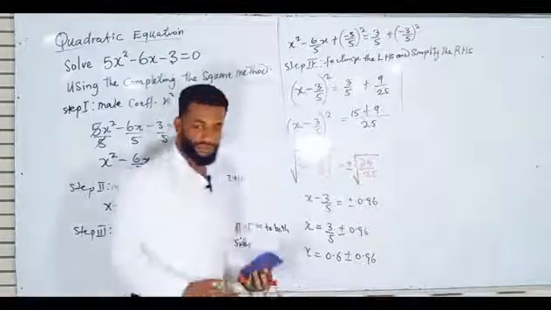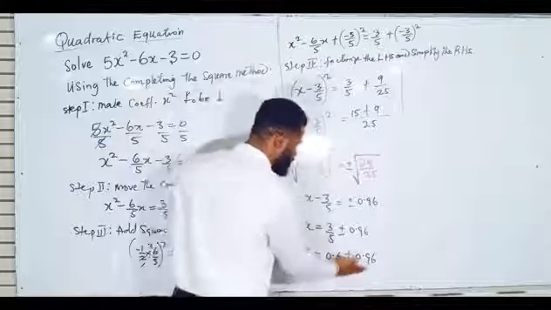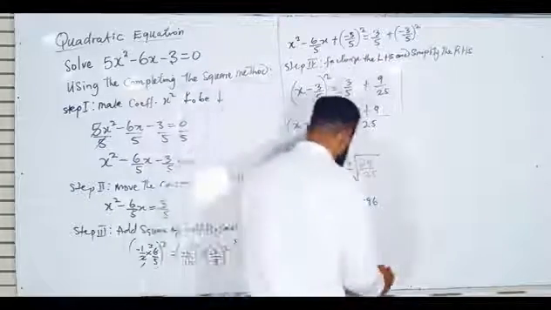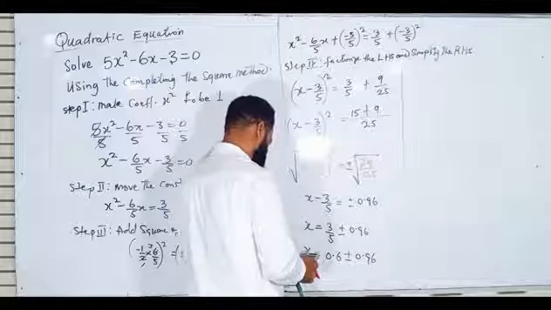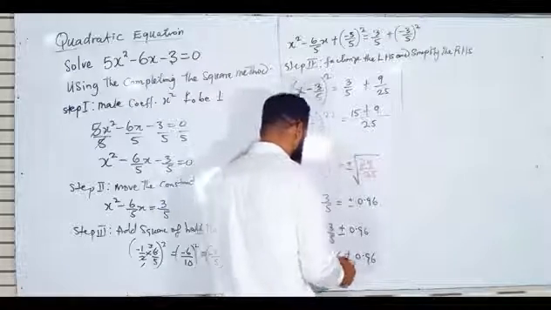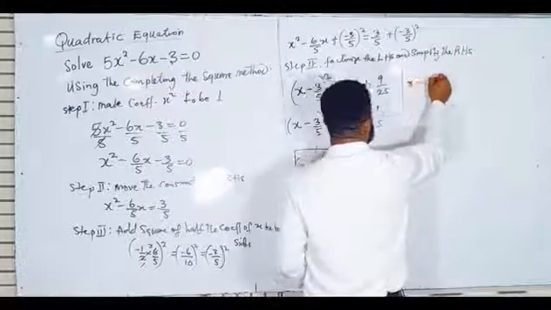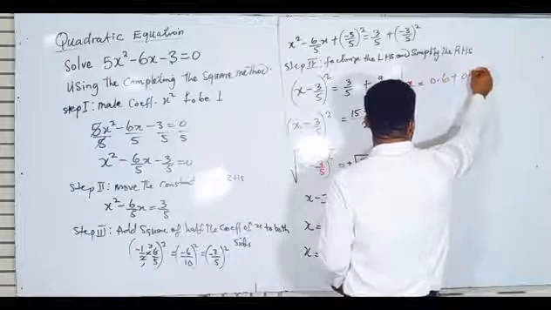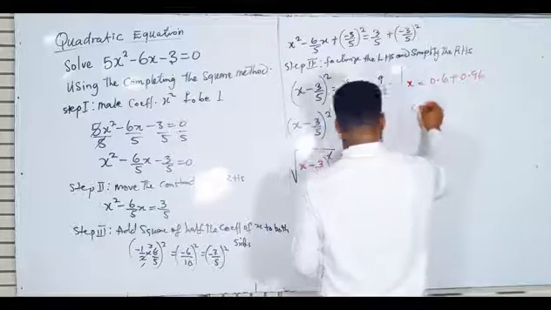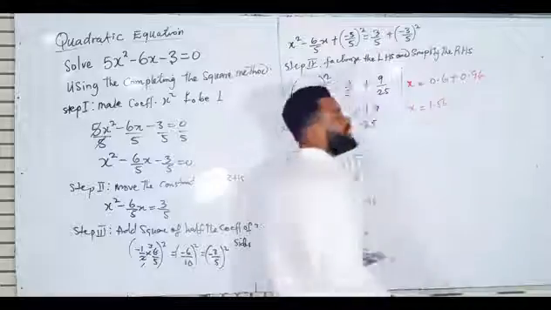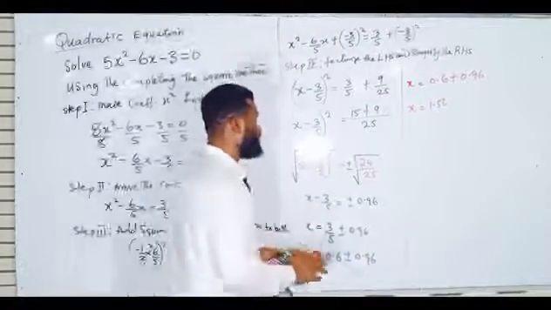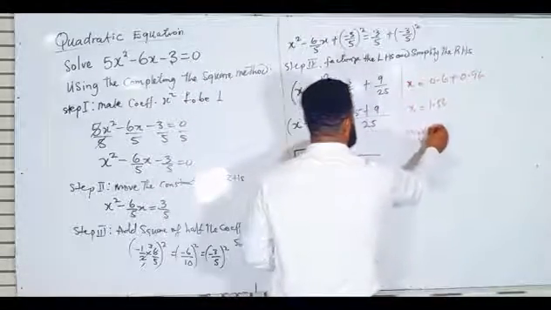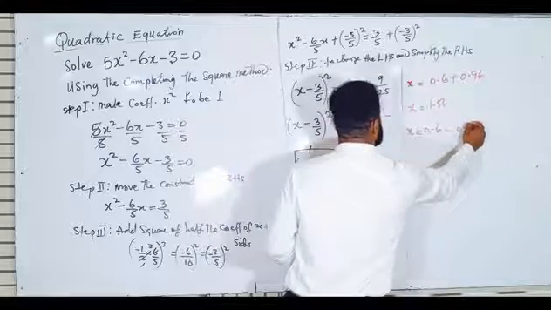I'm going to do this for plus, and I am also going to do it for minus. If I add, x is equal to 0.6 plus 0.96, so x is going to be 1.56. That is the value when they are adding. When they are subtracting, I'm going to have 0.6 minus 0.96.